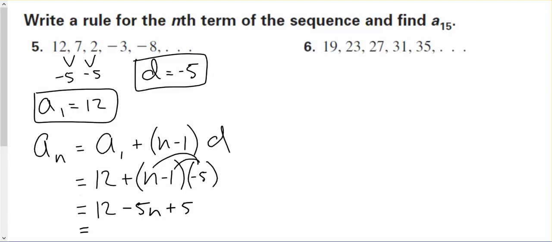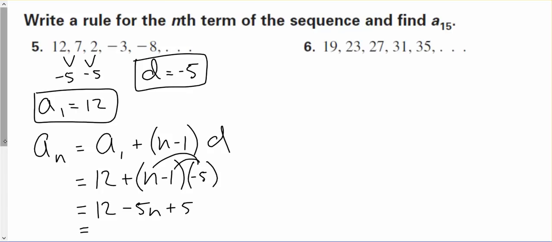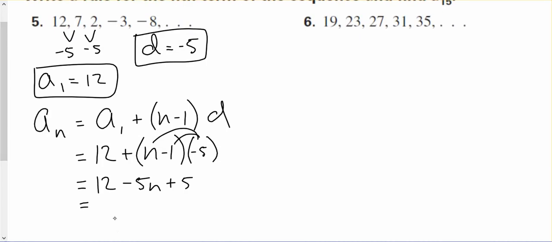And now we can combine some like terms. And 12 and 5 combine to make 17. So it's negative 5n plus 17. That's our general rule. Now to find, what's it ask for?